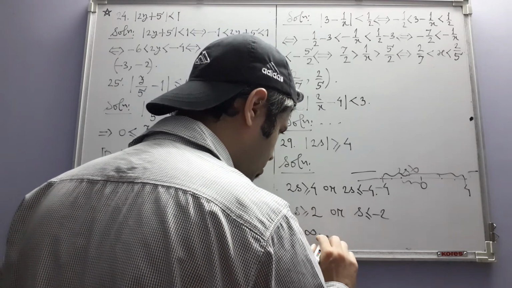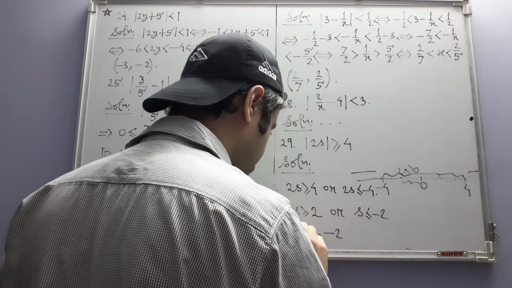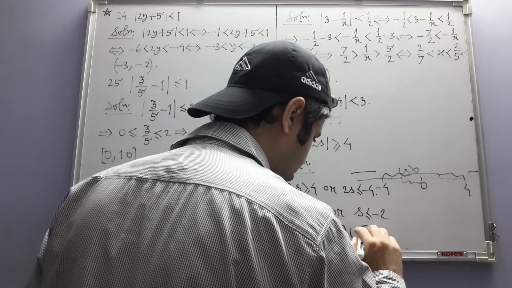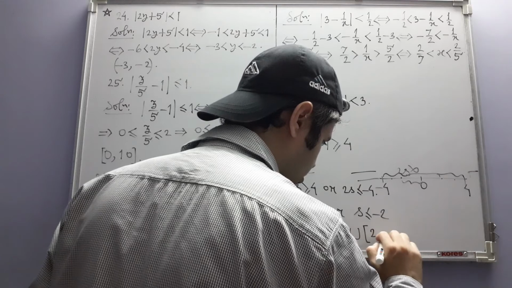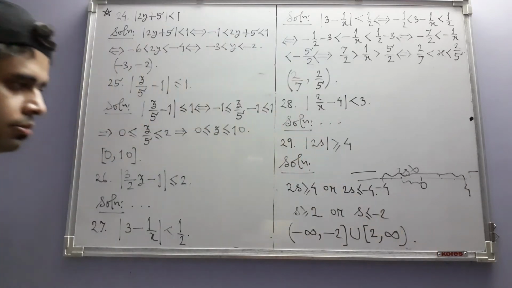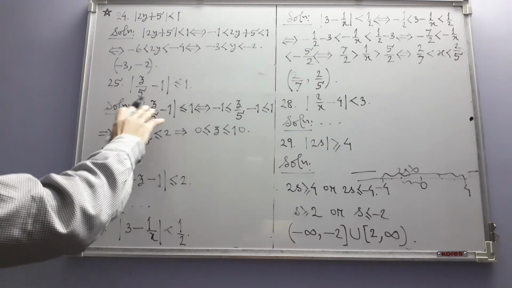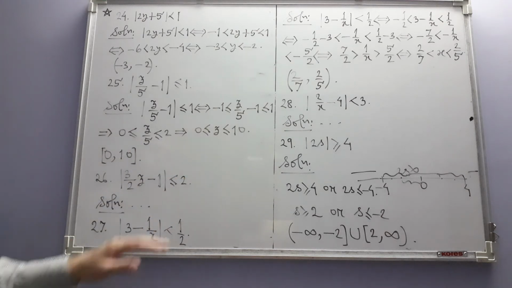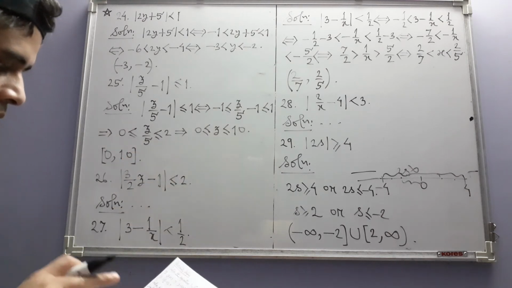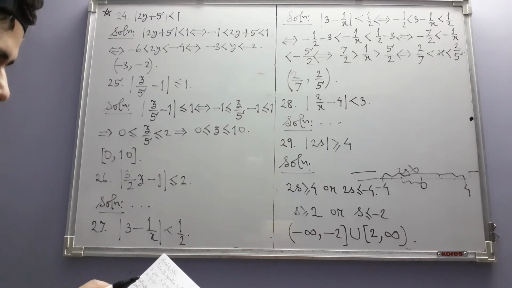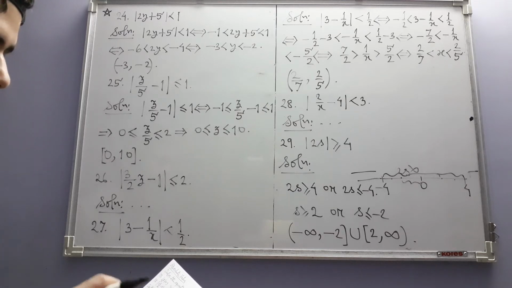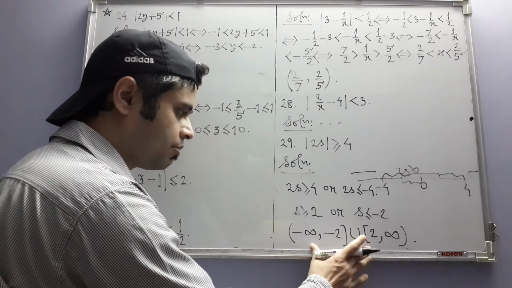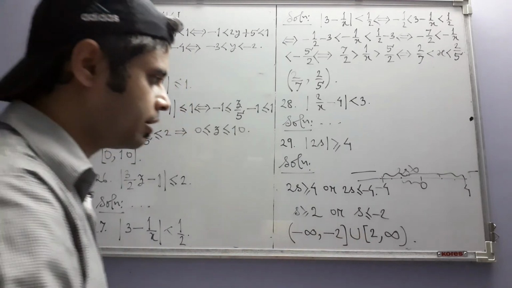All the real numbers less than or equal to minus 2 along with all the real numbers greater than or equal to 2. That's why before these exercises it has been written, express the solution sets as intervals or unions of intervals. So this is a situation where we have a union of two intervals.